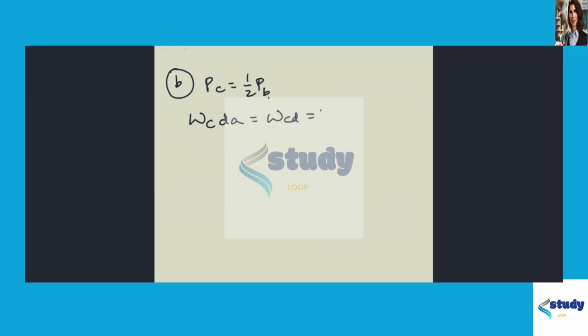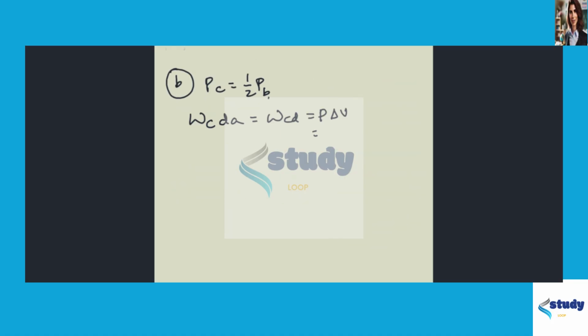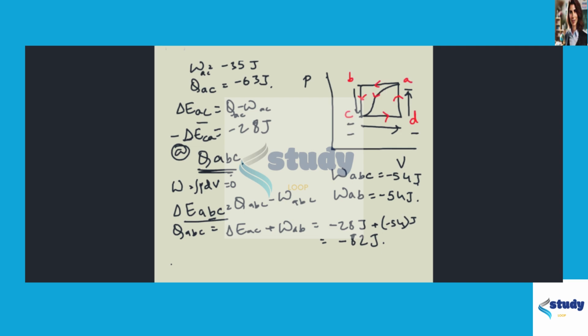And that is P delta V. During this process, notice that the pressure is constant, which means the pressure is simply P_C or P_D, which are the same, and V_D minus V_C, the final volume minus the initial volume.